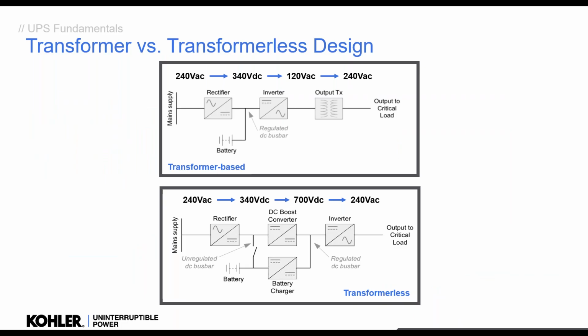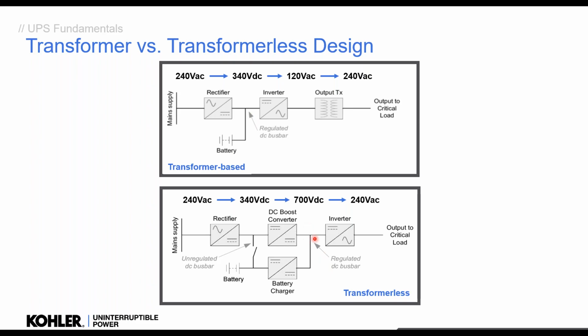Now, there's a lot of discussion between transformer and transformerless design. Many modern UPSs are transformerless, and there are a lot of advantages to transformerless. The difference is, a traditional UPS would have an output transformer that would step up the inverter. It was there because it was the only way to produce the required output volts because of the low DC bus.